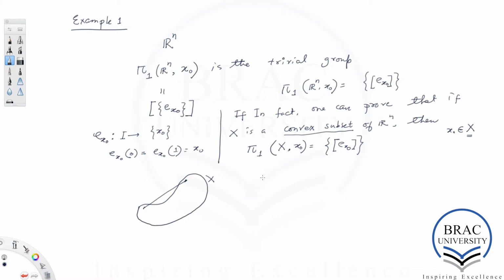But something like a ball is a convex subset, because if you pick any 2 points, say the extreme points, then the line joining them is entirely contained in this set.